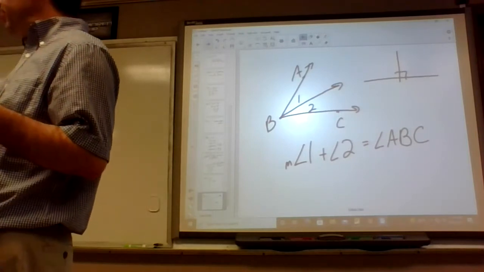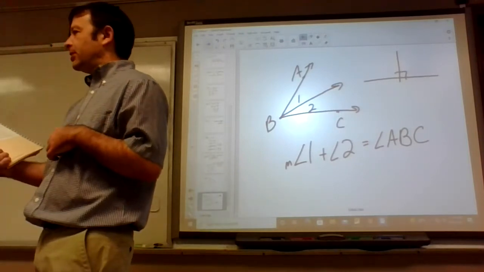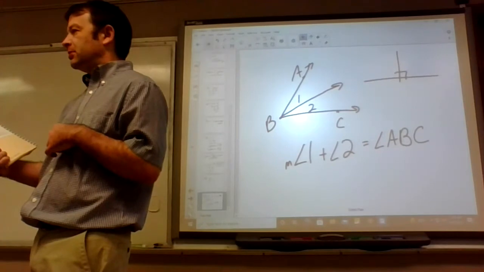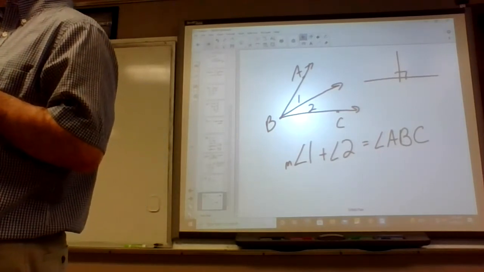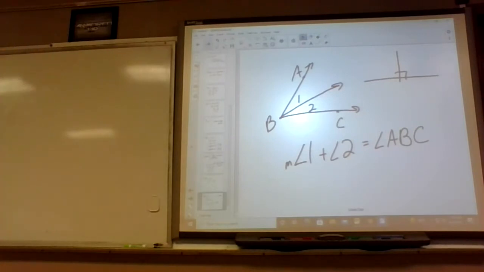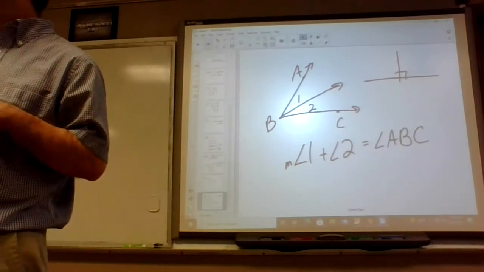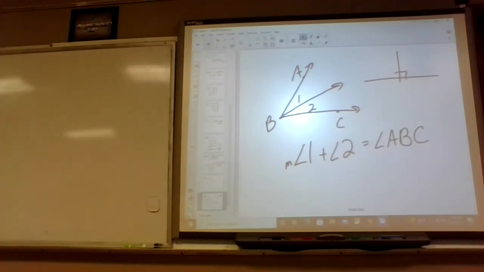So what other angle with FGE would make a line? Angle EGC would be one of them. Do you guys see that in the picture? Angle FGE and angle EGC together are a linear pair.